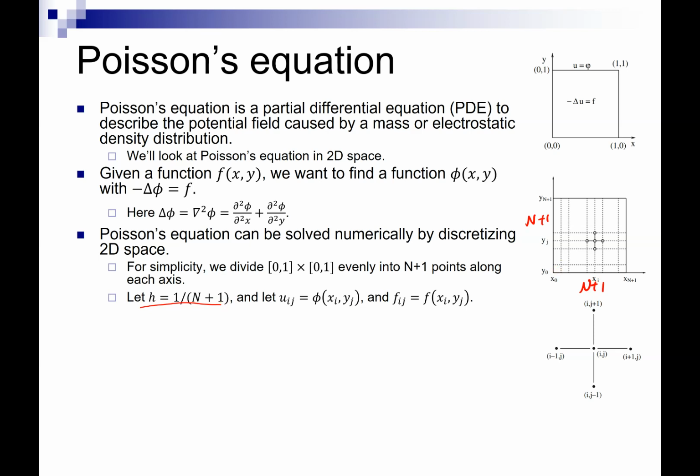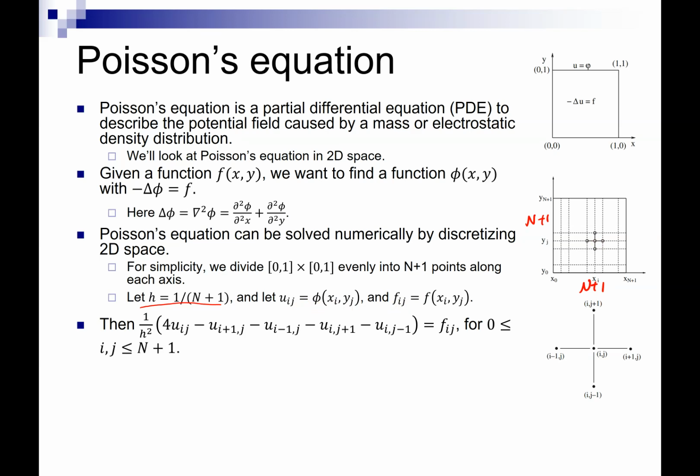Now at each position ij in this grid, we let u of ij be the value of phi at that position, and we let f of ij be the value of f at that position.